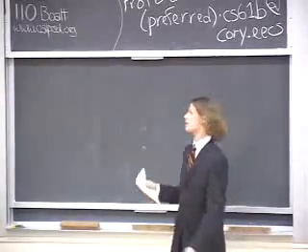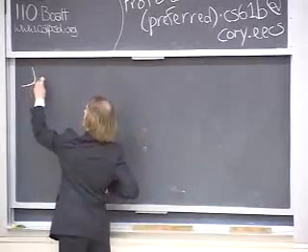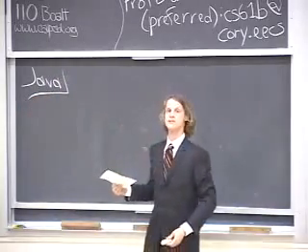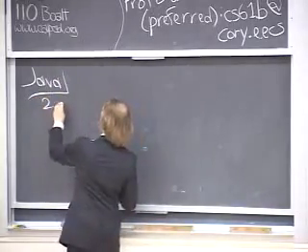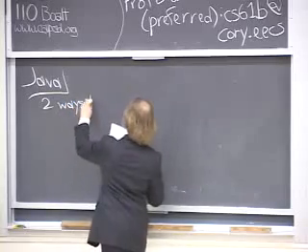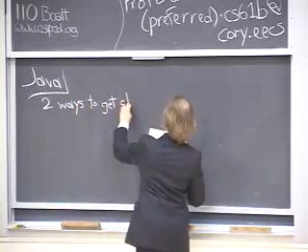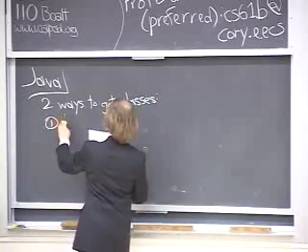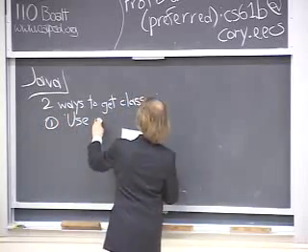Okay, let's look at a little bit of Java. Let's look at a few lines of actual code. First of all, we want some classes to play with, and there are two ways to get classes to play with. One is you can use one defined by someone else.